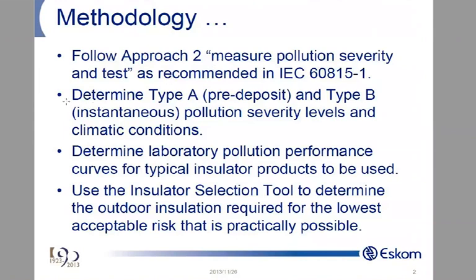Then in doing that, I need to determine the type A pre-deposit pollution, and type B instantaneous pollution, and the severity levels and climatic conditions for that area. I need to go and determine laboratory pollution performance curves. And then I need to come back and use the stats. Yeah, IEC 60815 is based on this.